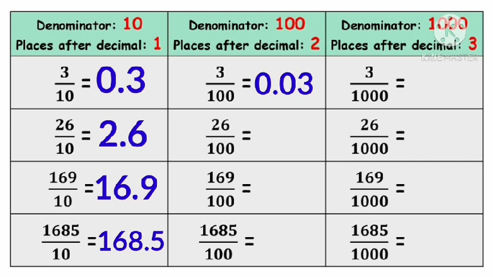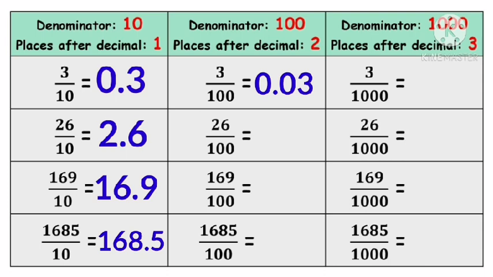Now here, this fraction will be represented in decimal form as 0.03. If you remember, just few minutes before, I gave you a tip. If you don't have enough number of digits in the numerator, then you should add a 0 before the number to get the equal number of digits as zeros in the denominator.